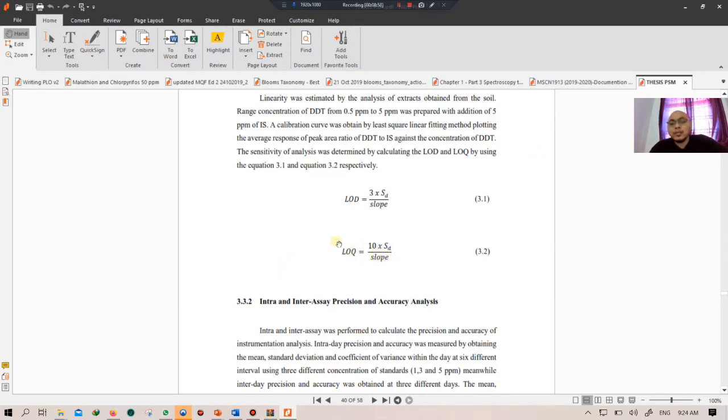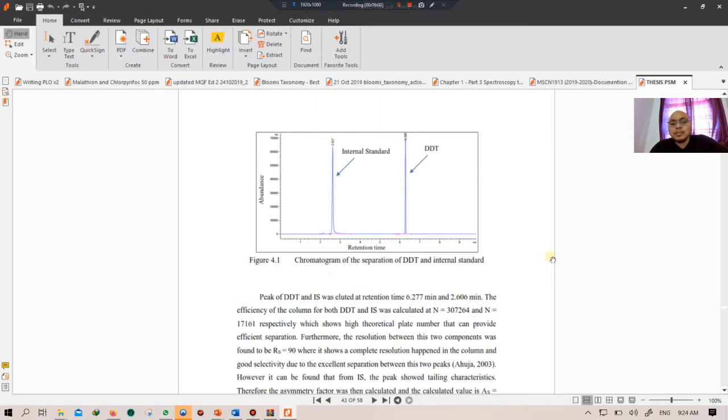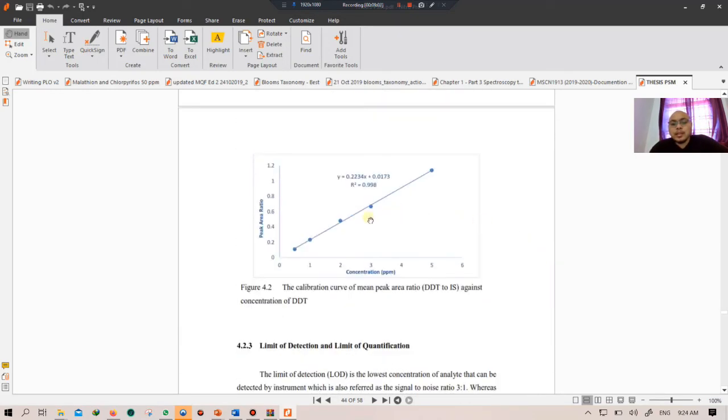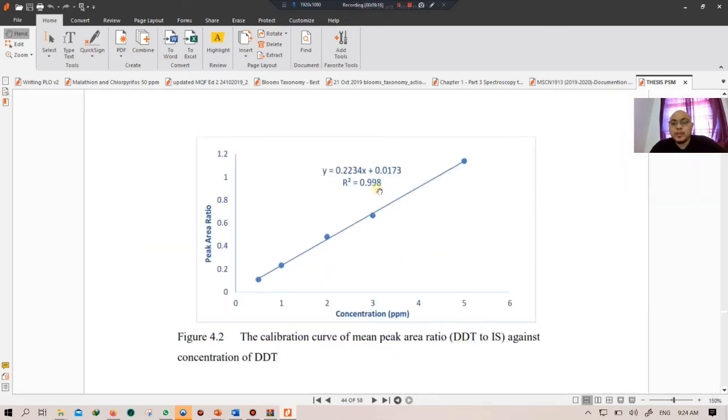This is the formula. Let's look at her calibration curve. The number of points she used is 5. The R square is 0.998, which is more than 0.995, so the calibration curve is accepted.